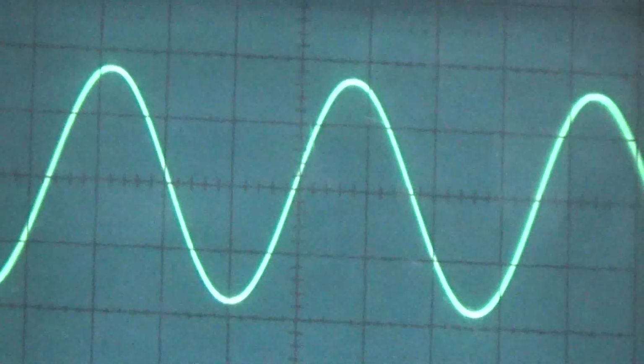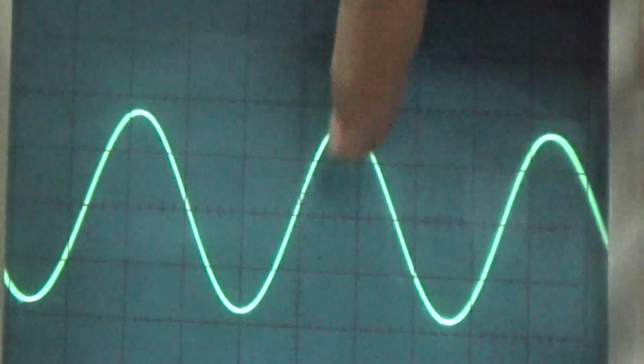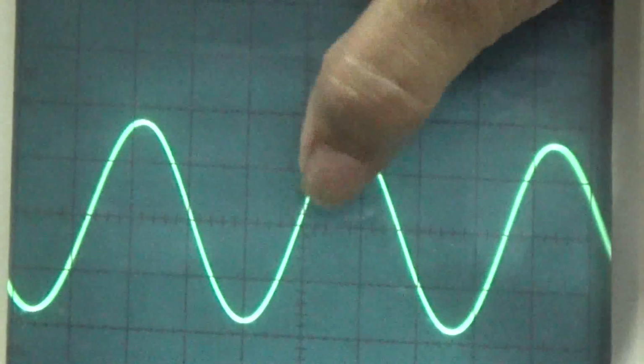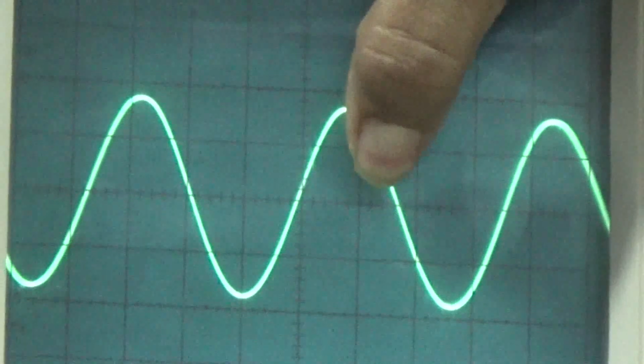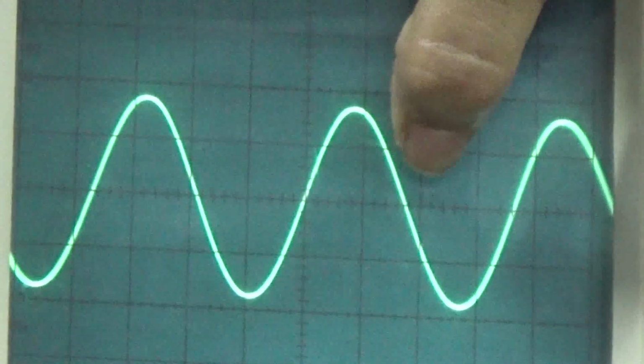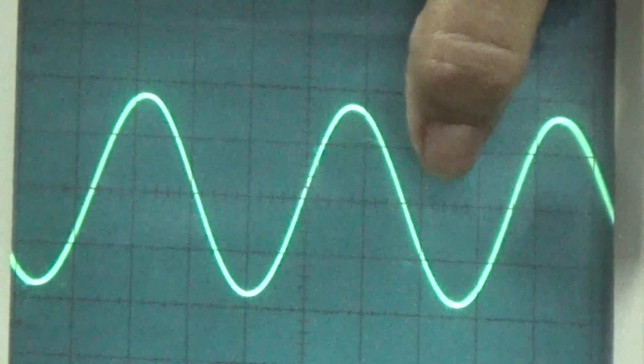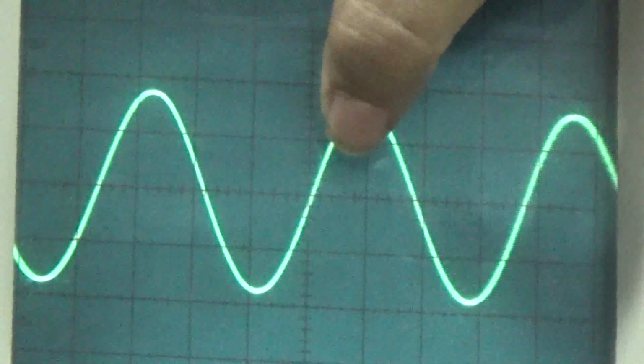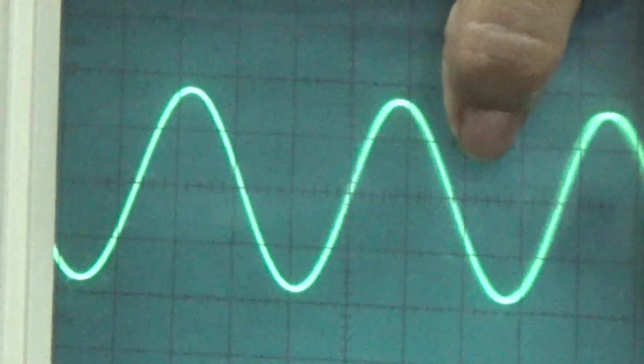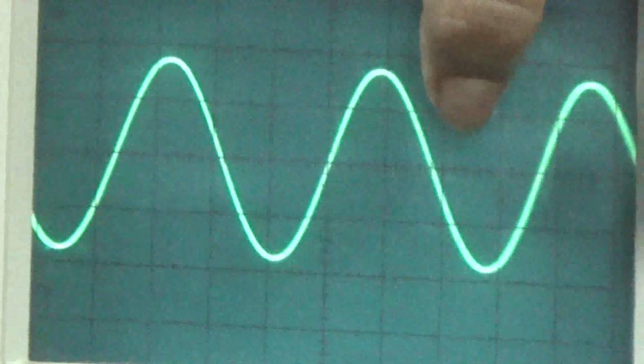For magnitude, we have seen your y-axis. Now you will see over here your x-axis. So how much is it moving? 1 block and 0.2, 0.4, 0.6. Positive cycle is 1 block and 0.6, so 1.6.